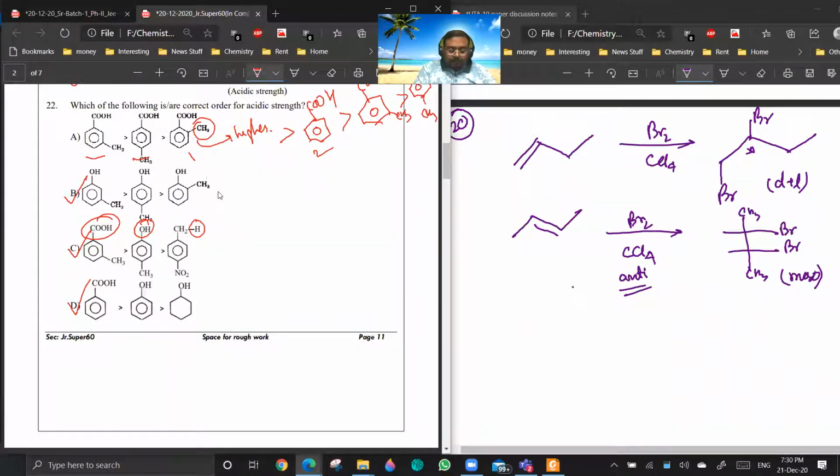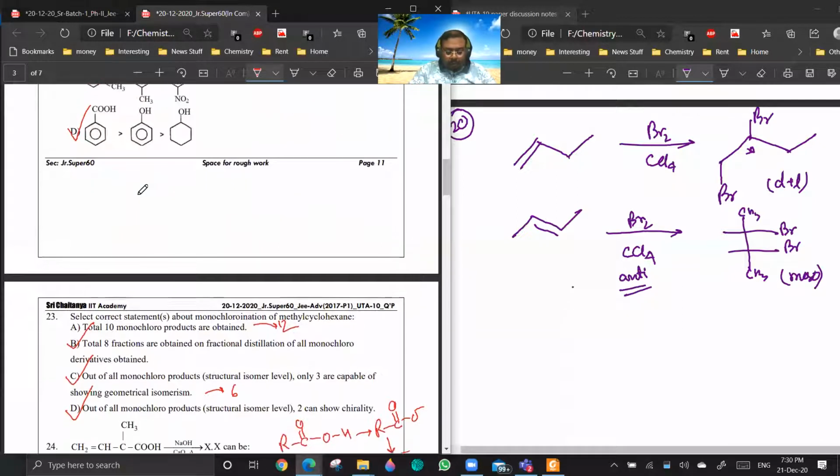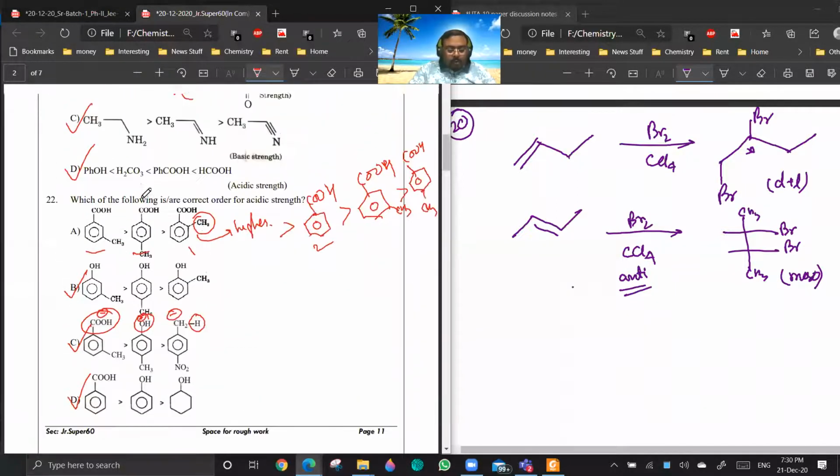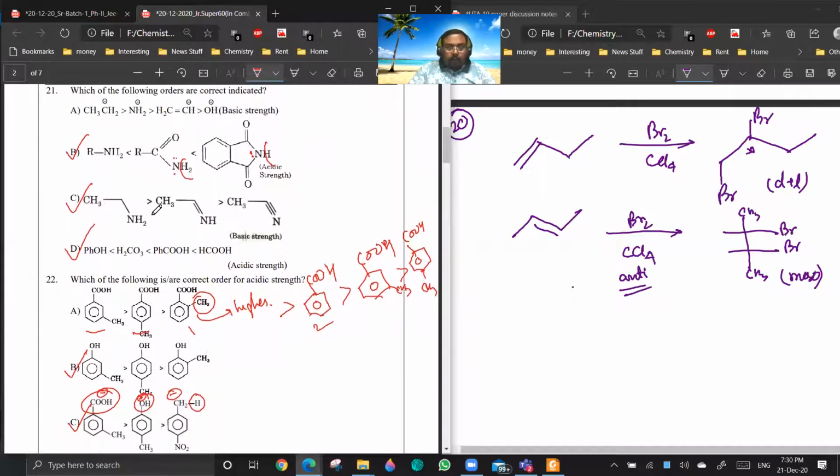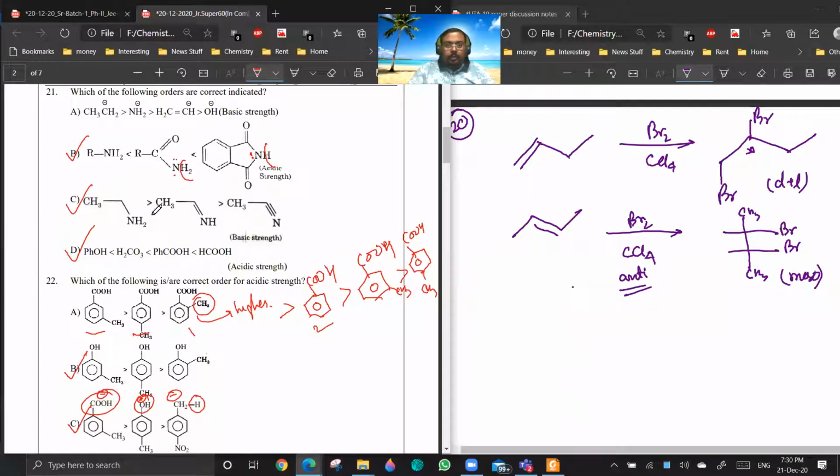So you see, the anion will be more stable here compared to here, and in this case it is negative charge on carbon, it will be least stable. Is it clear? Yes, okay. So I think 22 is done. 21 and 22. Yes or no? Yes, sir. That's very good.